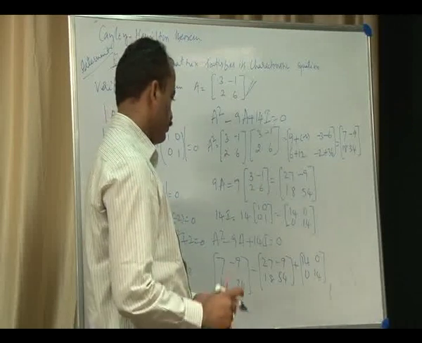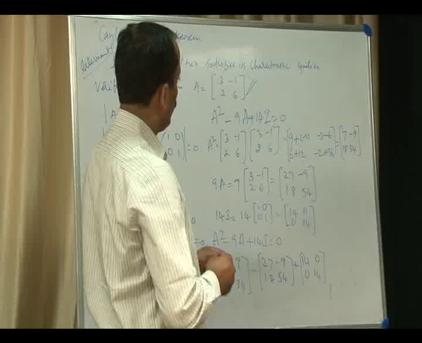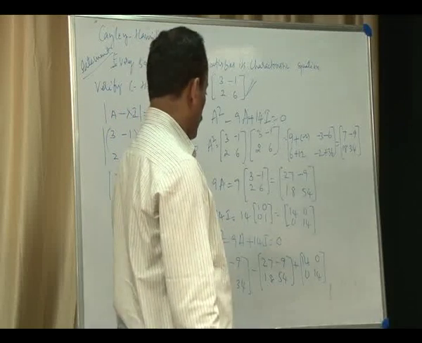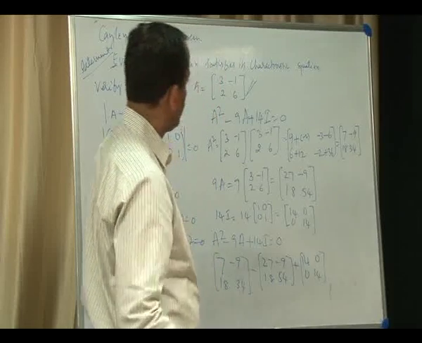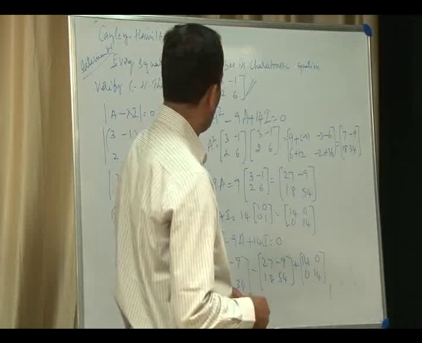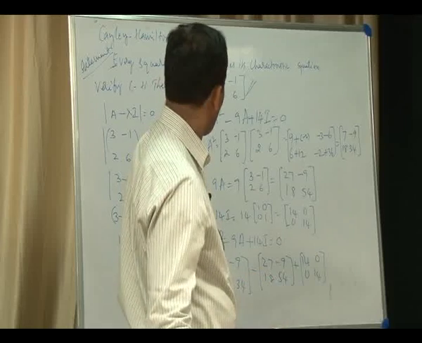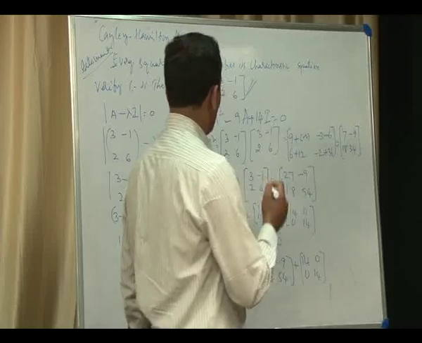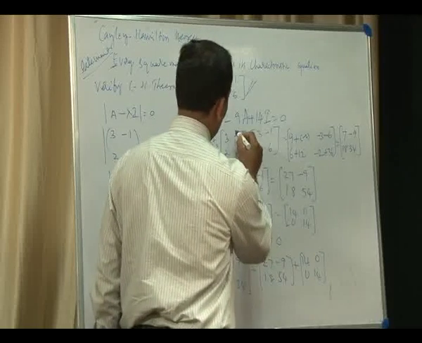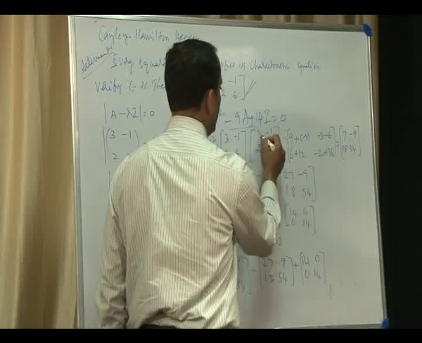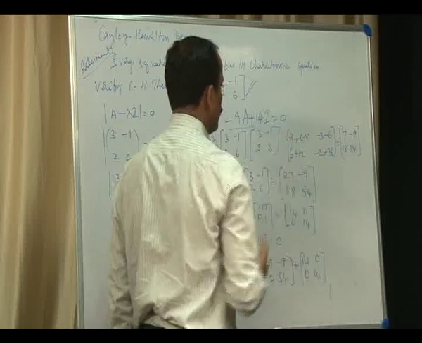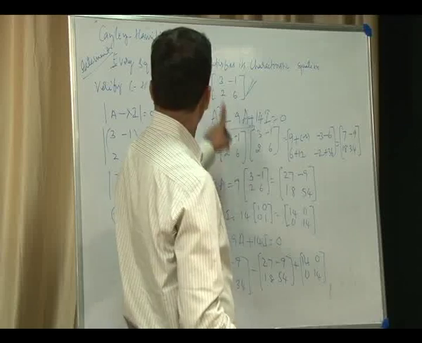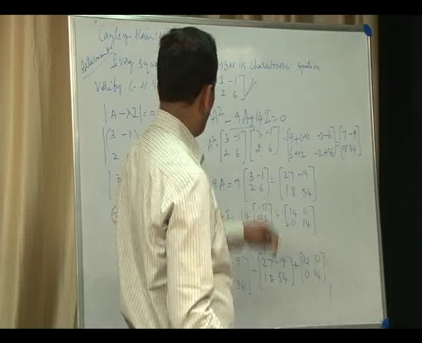Next, 7 minus 27 is minus 20, it is not 7, it may be... 3 threes are 9 plus, first row first column, actually something is wrong in multiplication. 3 into 3 plus minus 1 into 2 is minus 2, 3 minus 1 2 6.